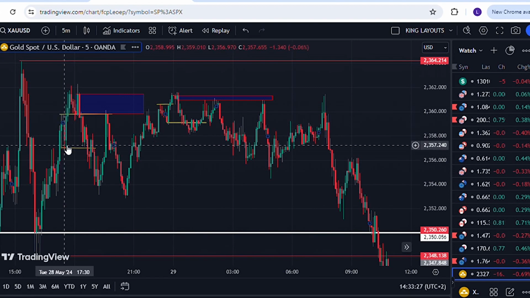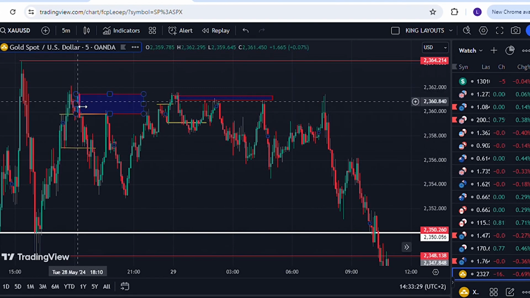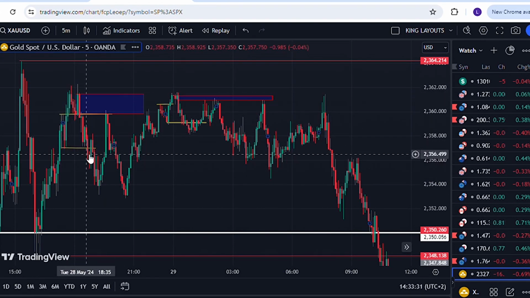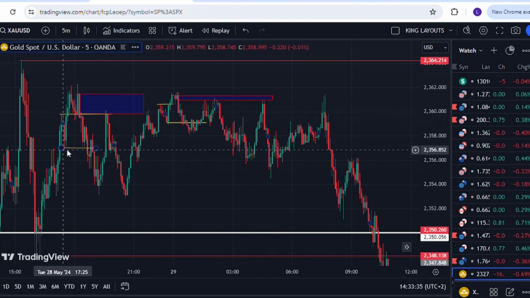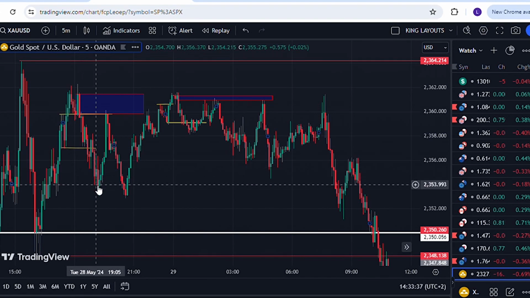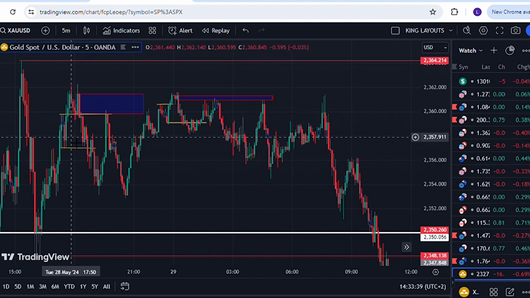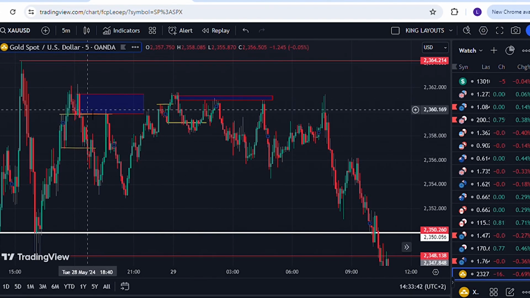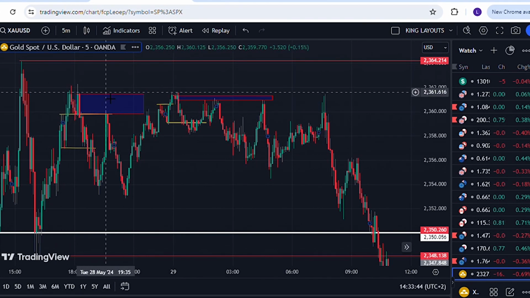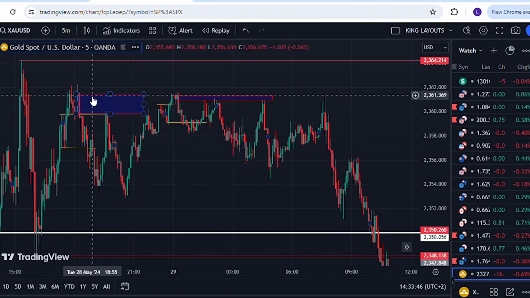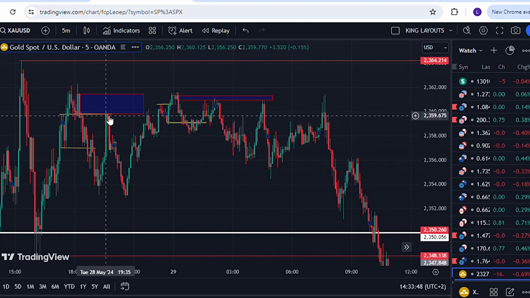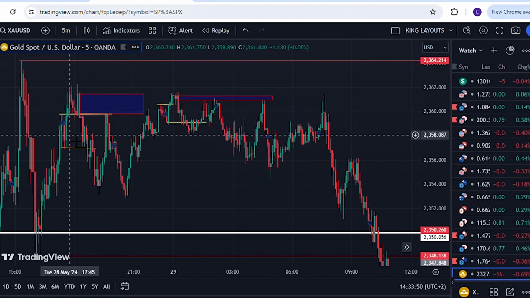So it goes somewhere here and then it goes back up, but here we broke the higher low, right? So with these two, now it is confirmed. So this order block is confirmed, right? That it's a high probability order block.